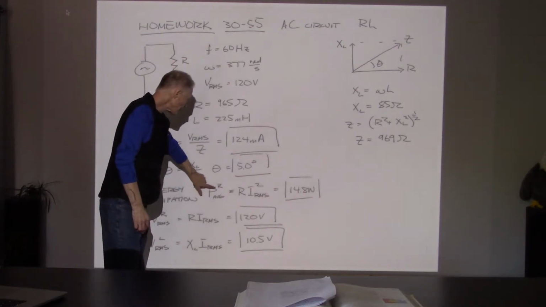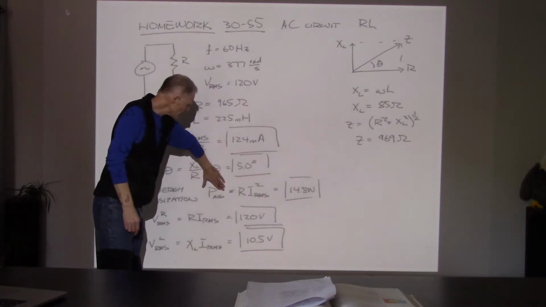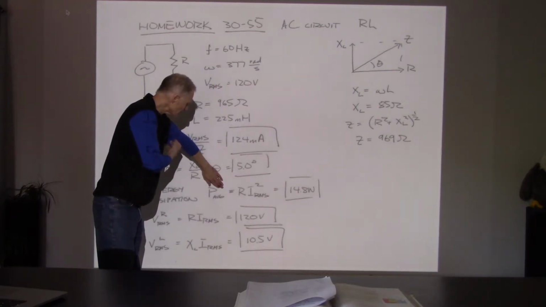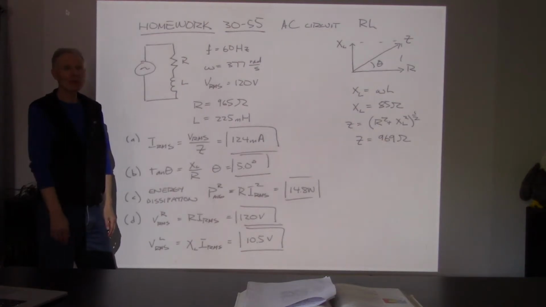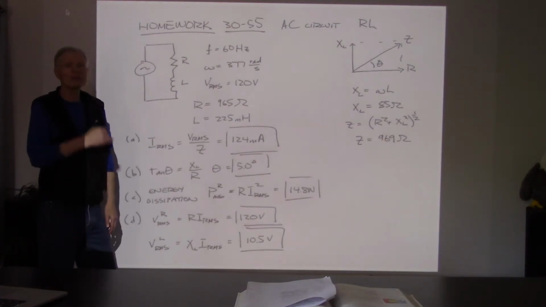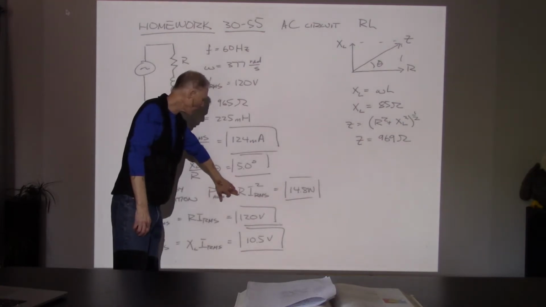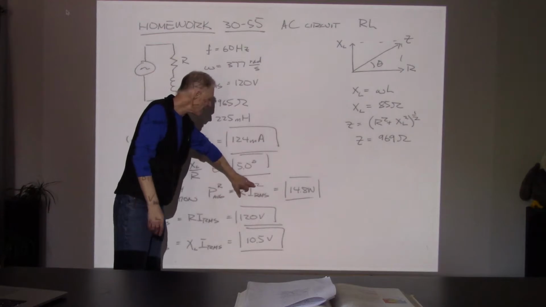So the power, now that's not a P to some power, that's just P average, but it's P average for the resistor. So that's just keeping track of the resistor effect. And to get the energy dissipation, that's the only device I have to look at. Don't look at the whole circuit, look at the resistors. And the resistor has resistance R, and it has current, IRMS, and that does get squared.